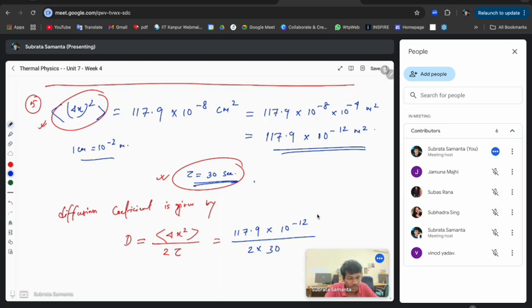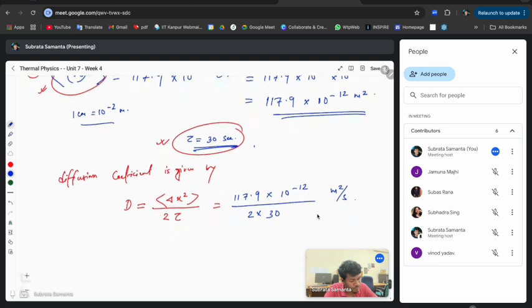Tau is second, and delta x square is meter square, so meter square per second. Now if you use your calculator, it gives 1.965 times 10 to the power minus 12, meter square per second.